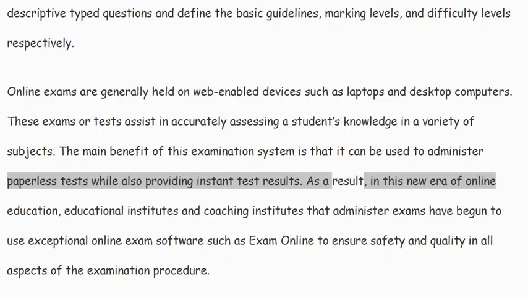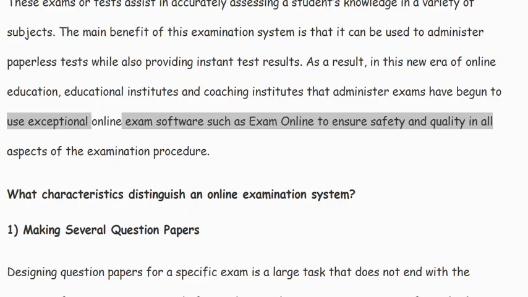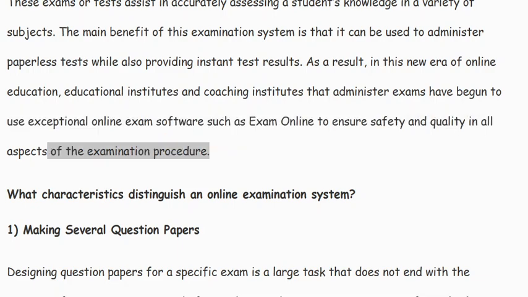As a result, in this new era of online education, educational institutes and coaching institutes that administer exams have begun to use exceptional online exam software such as Exam Online to ensure safety and quality in all aspects of the examination procedure.